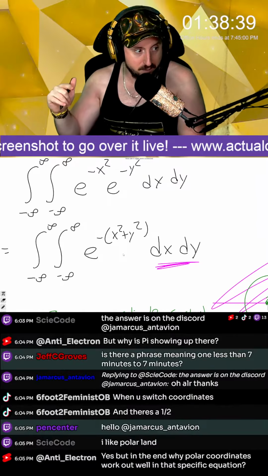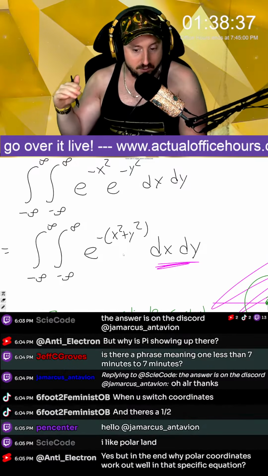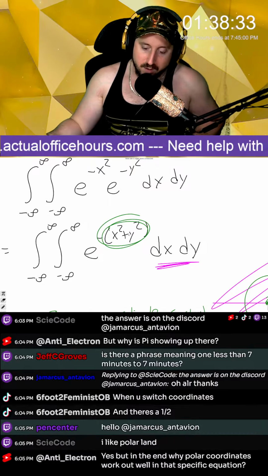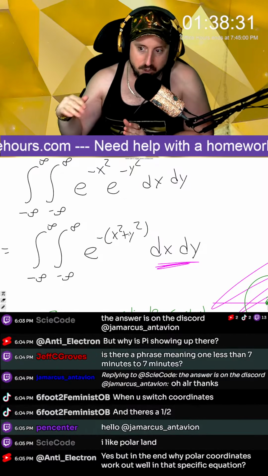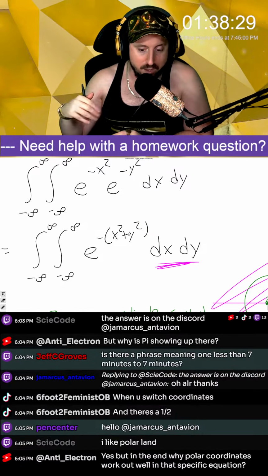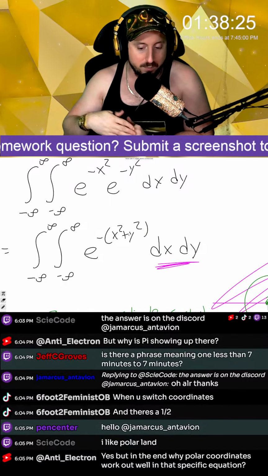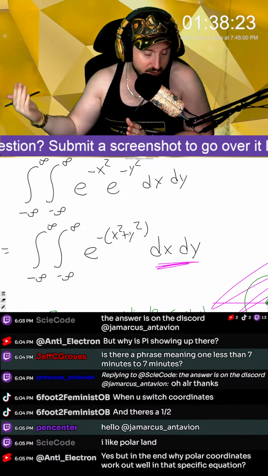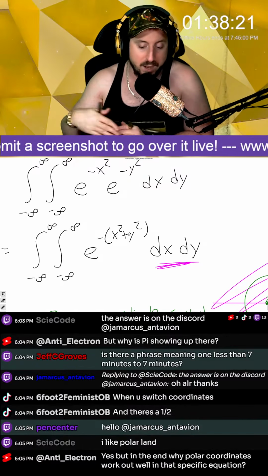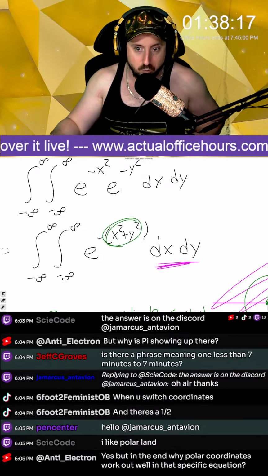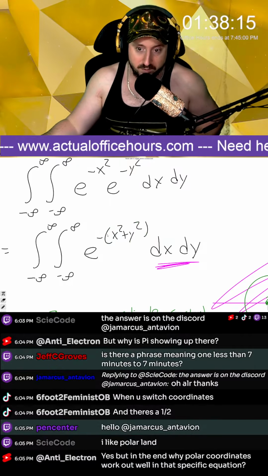You're recognizing patterns that lead to certain techniques that work. Whenever you see x squared plus y squared, that should instantly tell you that you're doing something with some sort of trig function, or you're doing something in cylindrical, polar, spherical, whatever. I call it curvy land. Because what you know is that x squared plus y squared is equal to r squared.